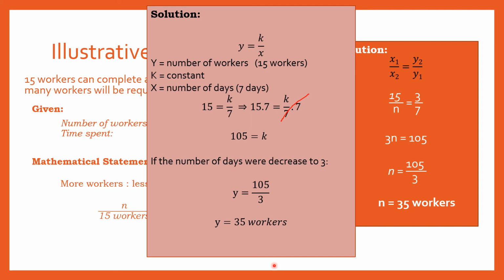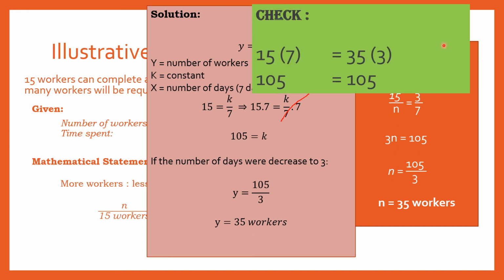Now in the second situation, if the number of days were decreased to 3, what will be our y? To substitute, y is equal to 105, our k, over x, which is 3. So our y is 35 workers. Now to check our answer, 15 times 7 is equal to 35 times 3.